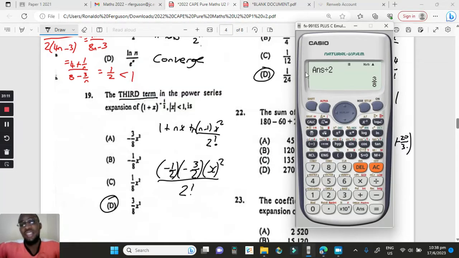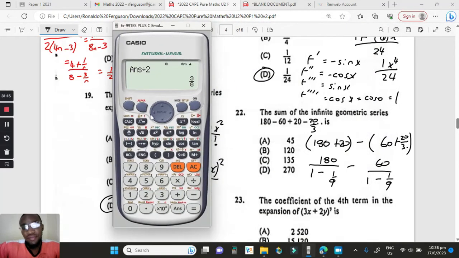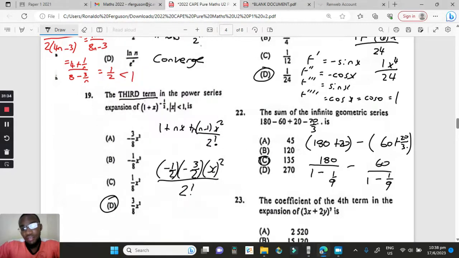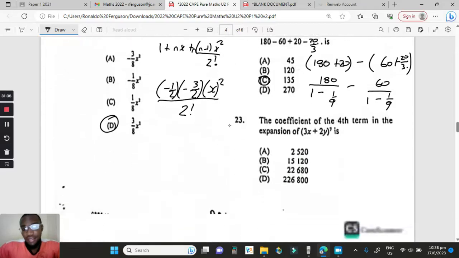Then I plug it in the calculator: 180 over 1 - 1/9, minus fraction button, 60 over 1 - 1/9. 135. I remember it was 135. Alright. 23.